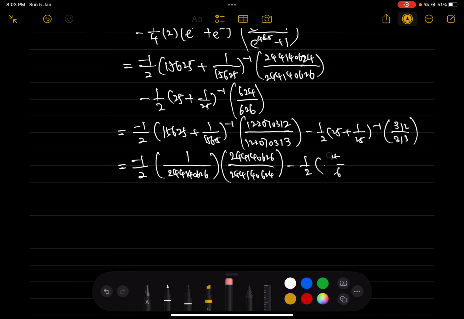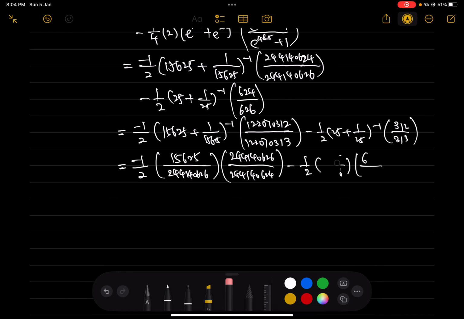Oh, excuse me there. 25 squared plus 1 over 25, so that's 25 over 626. That should not be a 1, that should be 15625.